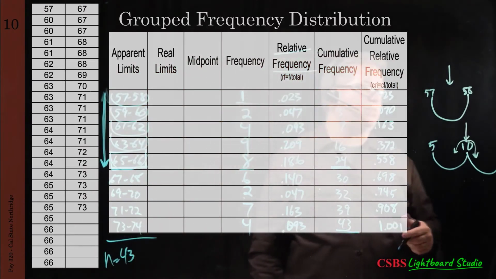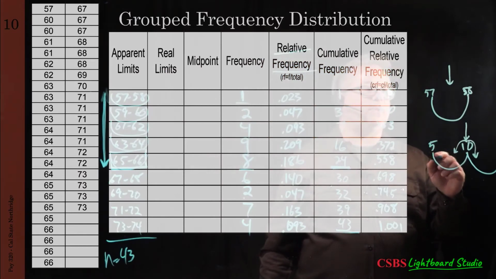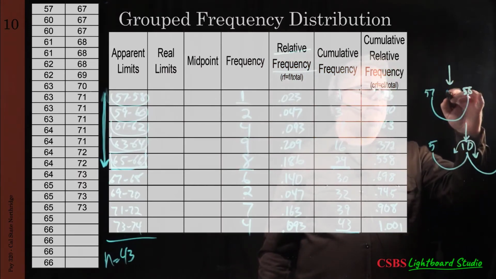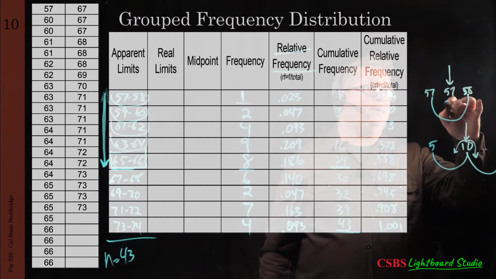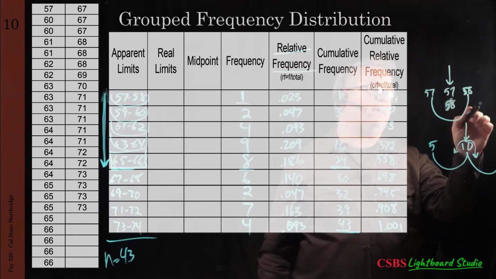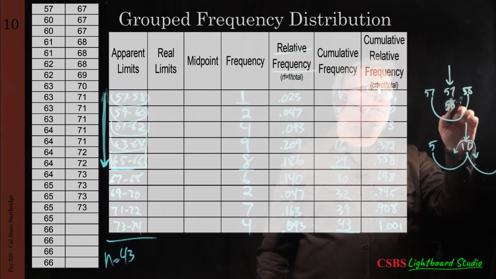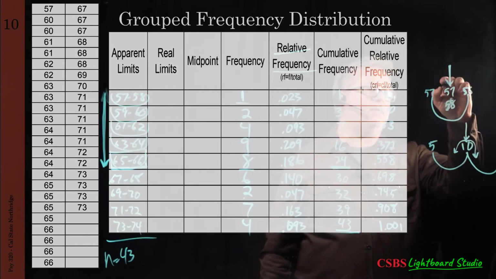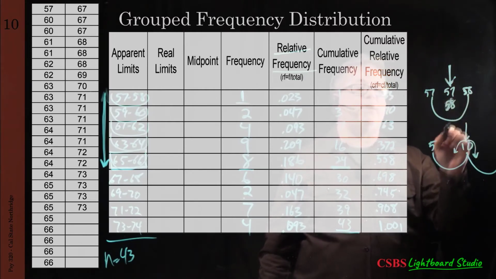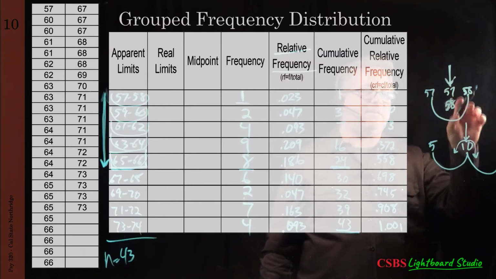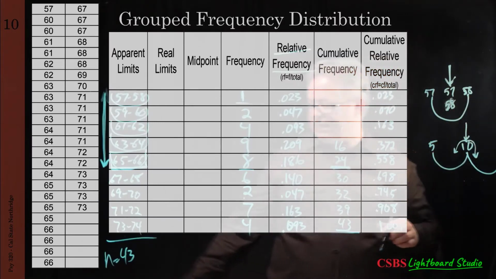So with real versus apparent limits, I want 57s and 58s to go in this basket, and I want the limits to separate this class from the next class.